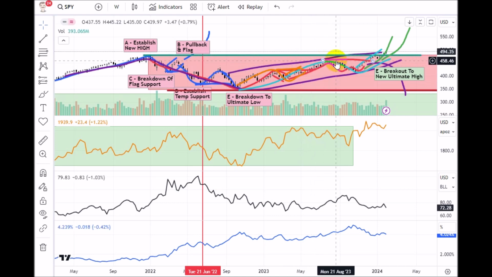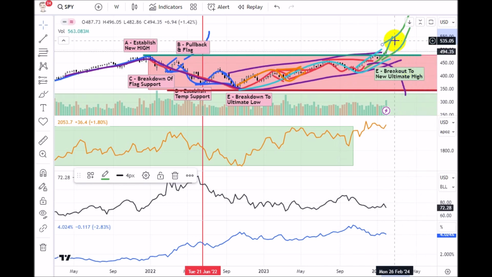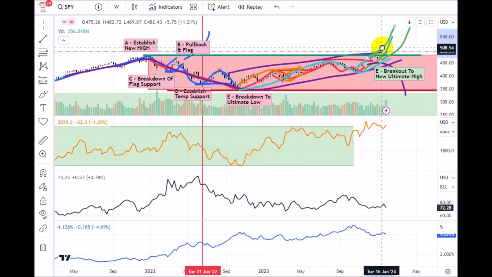But what's most important here, folks, is this one. This light blue one, this broad purple one, the longer term setups, the red one. I need you to be very cleanly aware that we have a very broad triple confirmation of a rally to new highs. We have, again, let me try to do them for you. We have the blue.